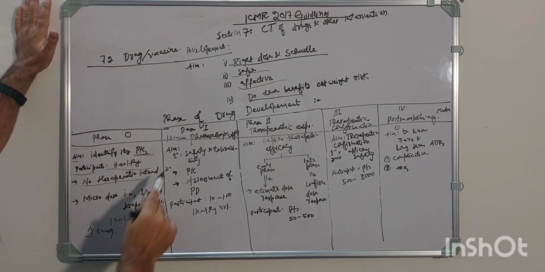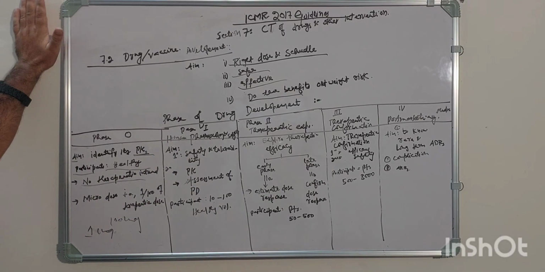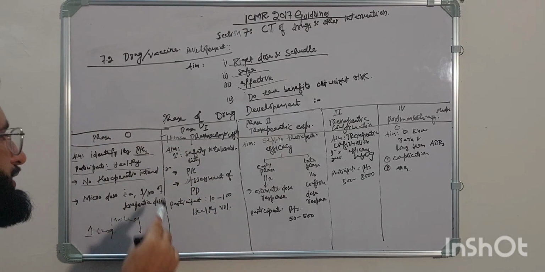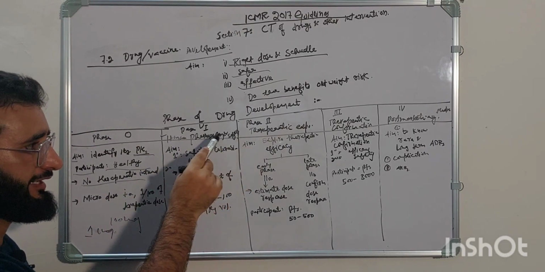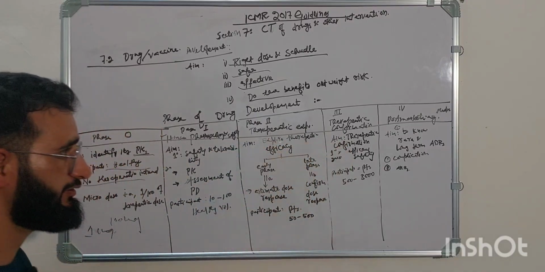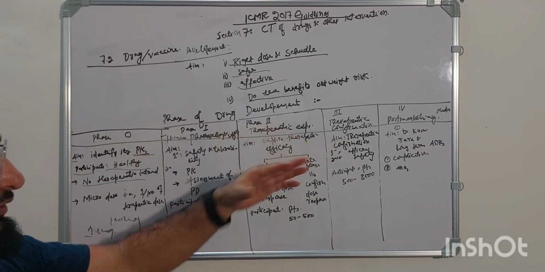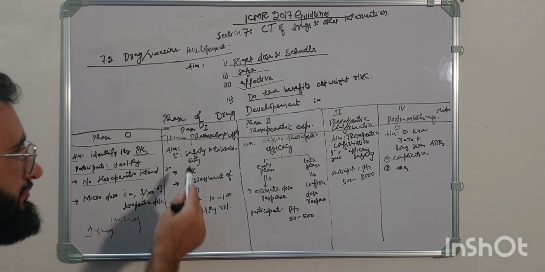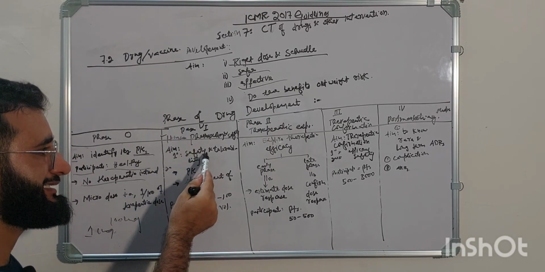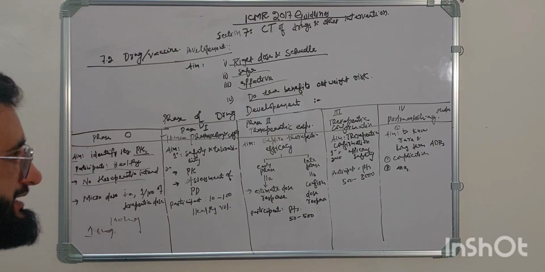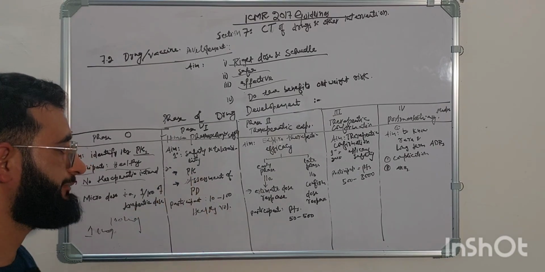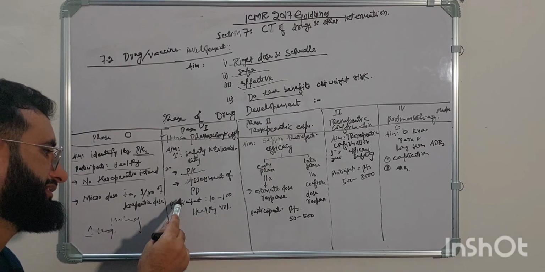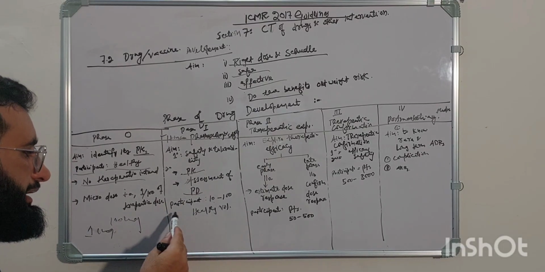Then phase 1, this is called human pharmacology and safety. They have not given the alternative names, human pharmacology and safety, therapeutic efficacy, which I have written as the alternate names of phase 2, 3, 4. ICMR has not given these. The primary aim is safety and tolerability, and secondary is assessment of pharmacokinetics and pharmacodynamics.